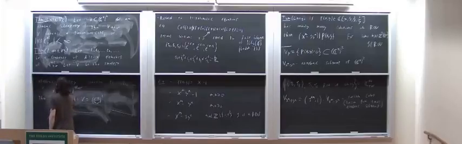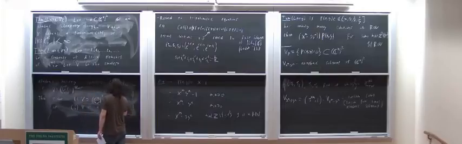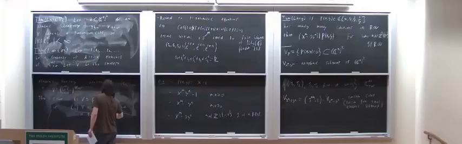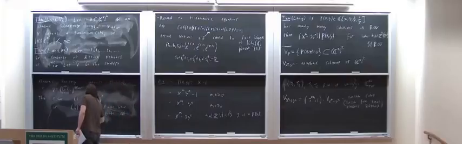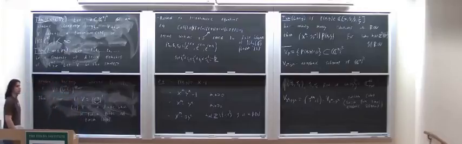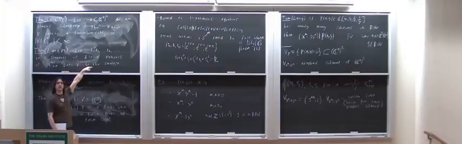Or V is a finite union of torsion points and torsion cosets. Okay? So I claim these two are equivalent statements, right?